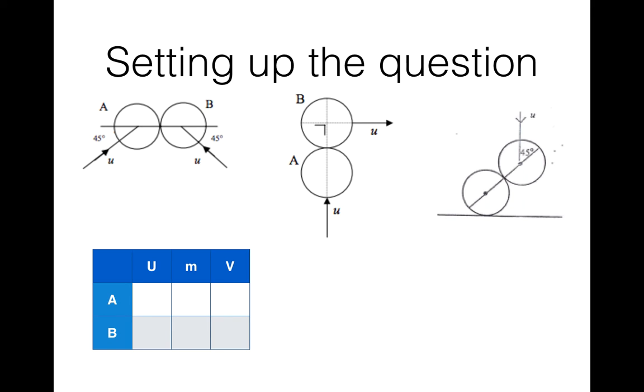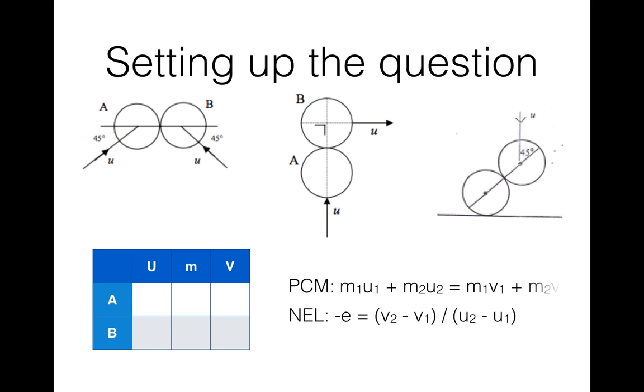Personally, I'd rotate it so that the line joining the centres is horizontal, so then the I component changes and the j component stays the same. Once you have that, you can get the unknown values for whichever components you're looking for, and then you can solve additional questions. You would use those two formulae with the component that changes, subbing them into those equations, and then you get your values for the unknown velocities.